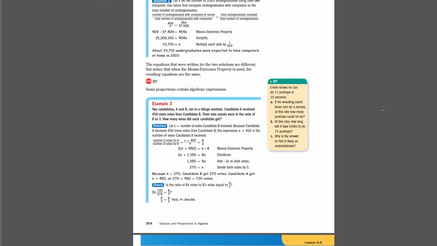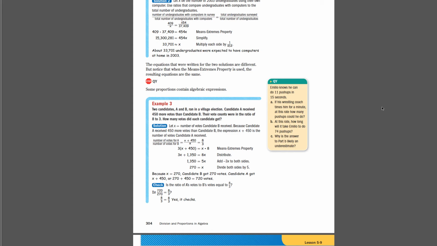We use the means extreme property, we apply the distributive property, we add negative 3x to both sides, and we get that 1,350 is equal to 5x, and then by dividing both sides by 5 we get that 270 equals x. So candidate B got 270 votes.